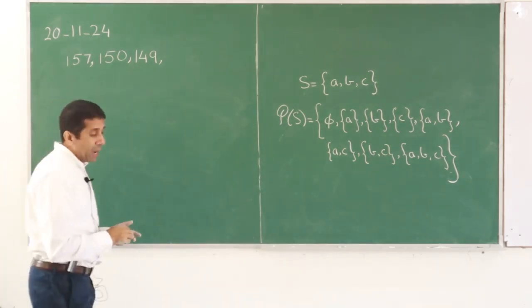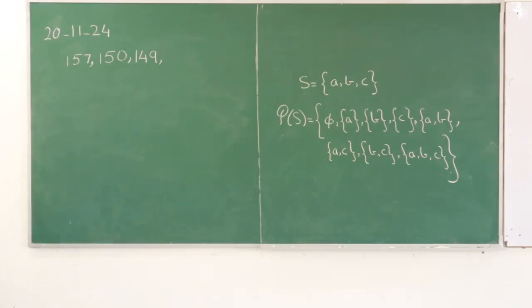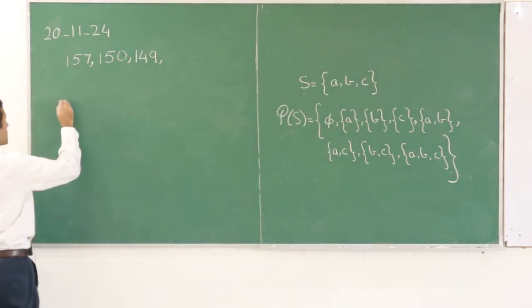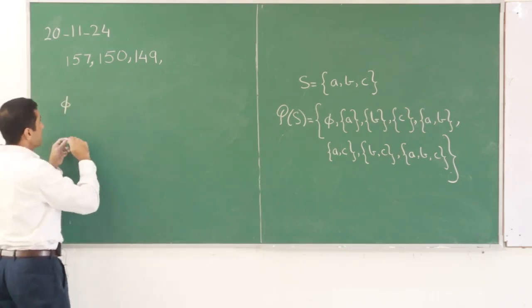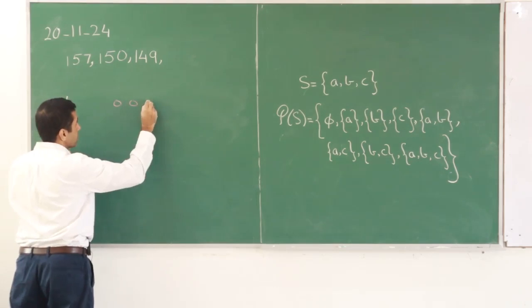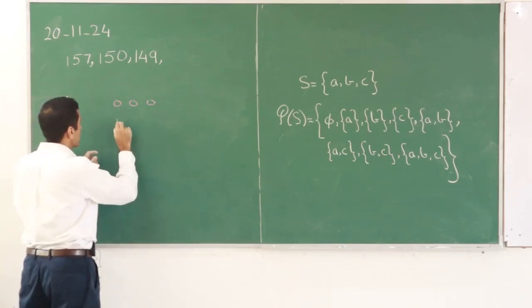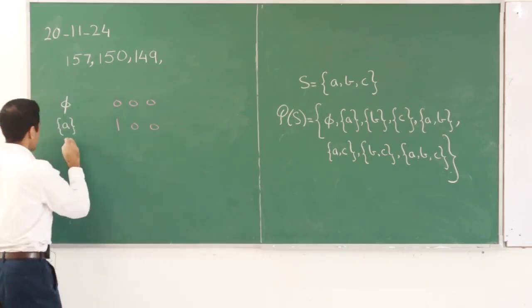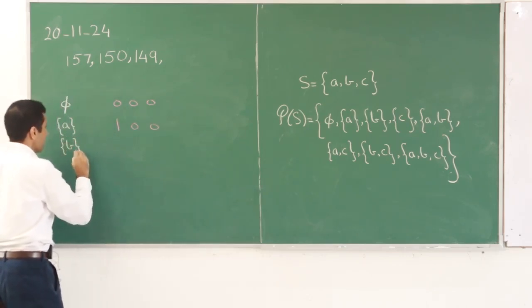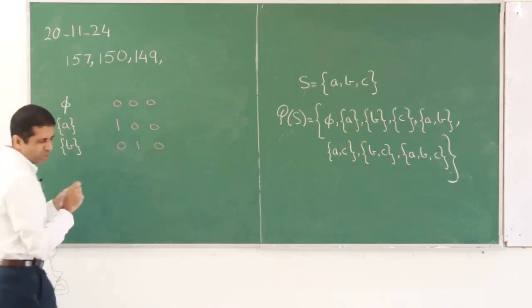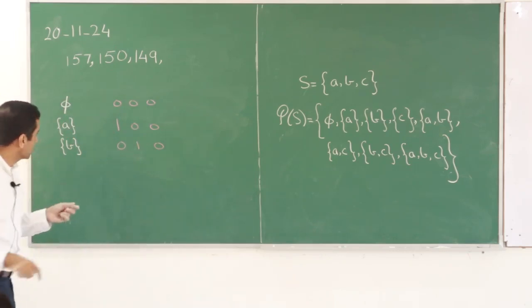So now I can relate subsets to strings. This is what I'm going to do. Here's the subset phi, and I'm going to relate it to this string. Here's the set A, and I'm going to relate it to this, and here's the set B, and I'm going to relate it to this.